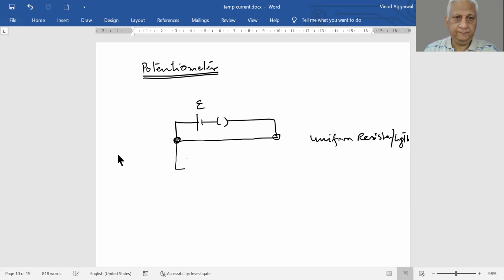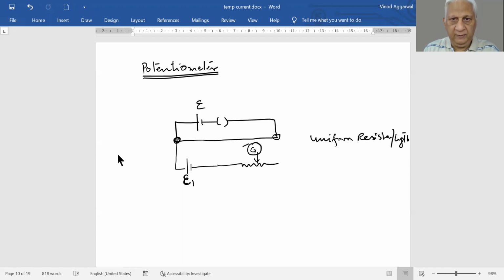Let us say we have one EMF source, and we take a rheostat, take a galvanometer, and let us say this is EMF E1. Now we take this galvanometer and attach a jockey.